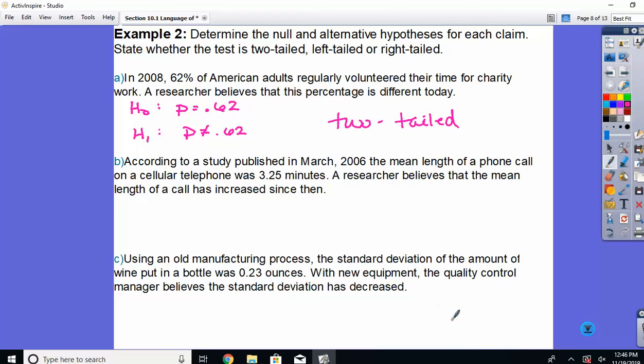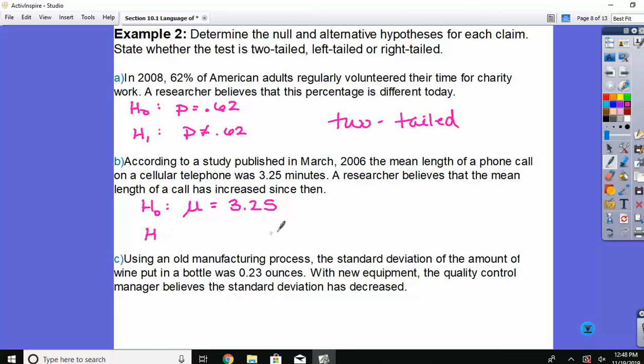Okay, take a second and look at B and C. See if you can do those. According to a study published in March 2006, the mean length of a phone call on a cell phone was 3.25 minutes. So the null hypothesis is the mean, mu, is 3.25. I think this researcher is wrong. Like, I'm on the phone for a max of 30 seconds.